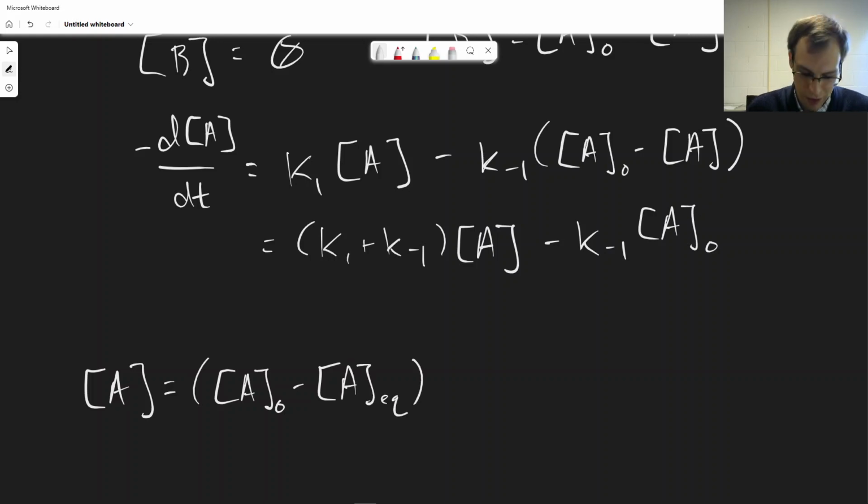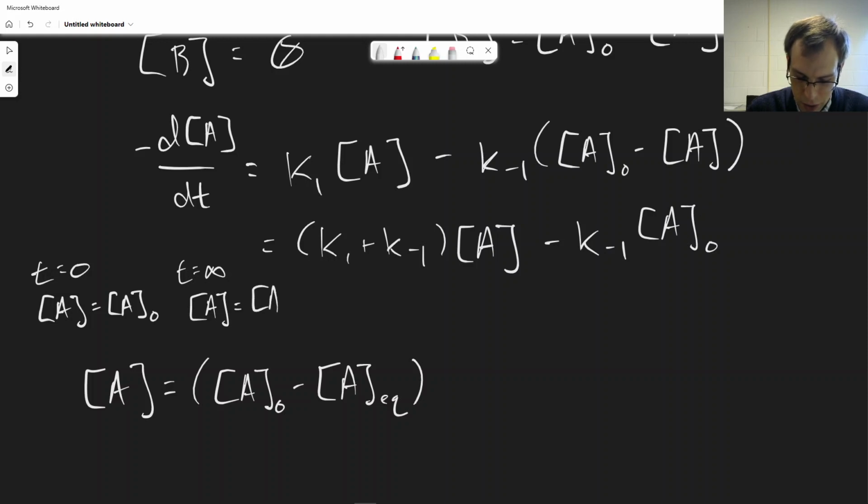I should say that the limits on our integral is that at t equals 0, the concentration of A is equal to concentration of A naught, and at t equals infinity, if we give it enough time for the reaction to proceed to completion, then this goes to the value of A at equilibrium, right? Give it enough time to react, it reaches equilibrium.